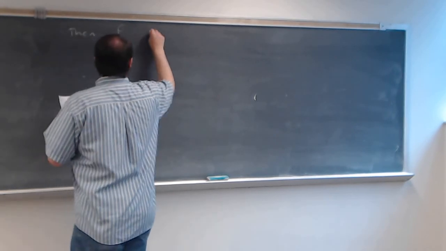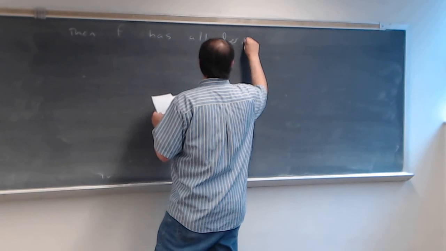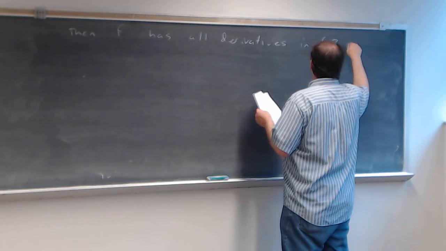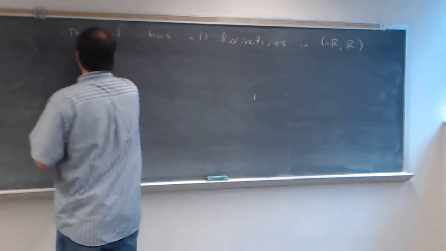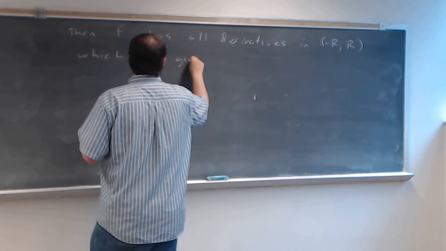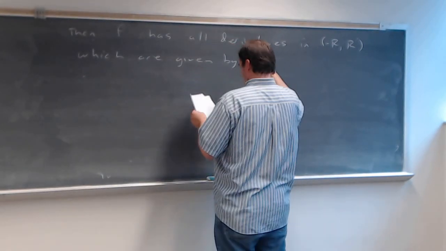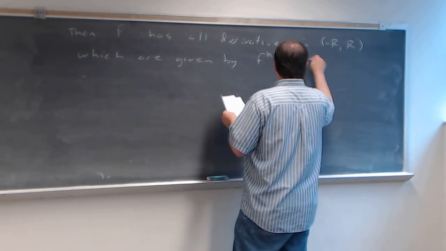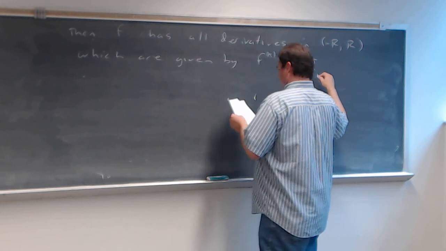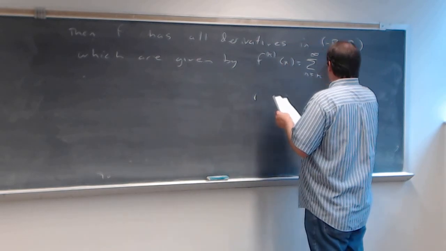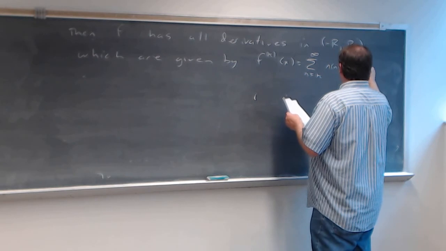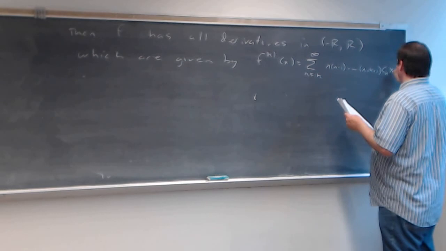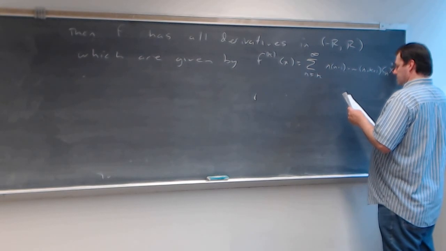Then f has all derivatives on the interval from negative r to r, which are given by the kth derivative at x is equal to the sum as n runs from k to infinity of n times n minus 1, all the way down to being multiplied by n minus k plus 1, and then c sub n x raised to the n minus k.